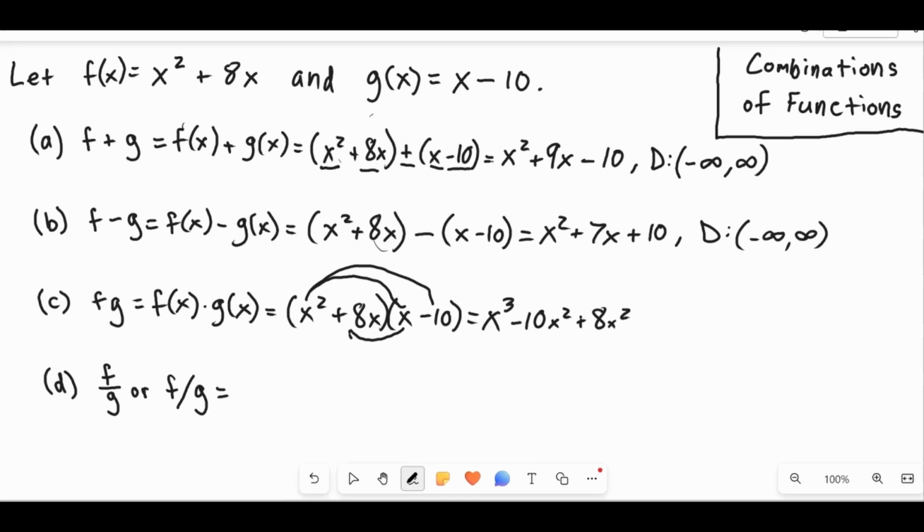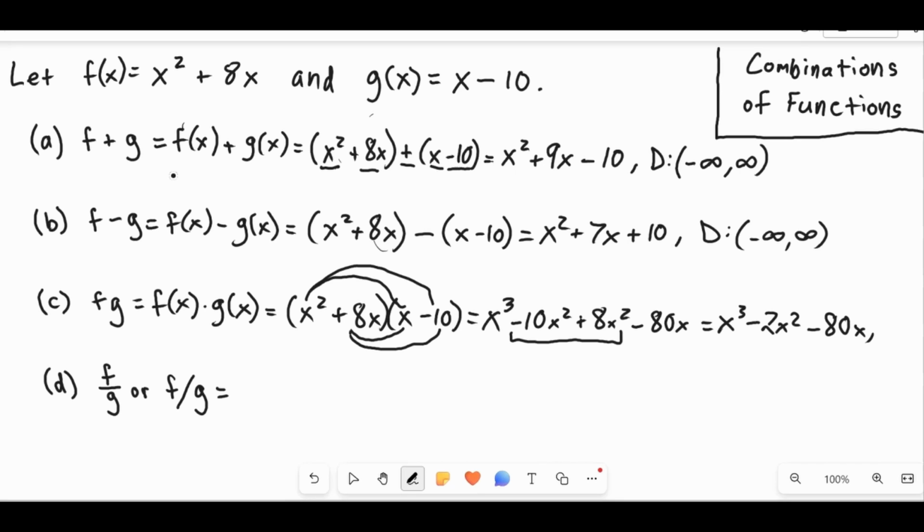And then we're going to have 8x times negative 10, which is minus 80x. And then if we combine like terms here, we're going to wind up with x cubed. And then we have negative 10x squared plus 8x squared. Another way to think about this is it's positive 8x squared minus 10x squared, which is minus 2x squared. And then we have our minus 80x.